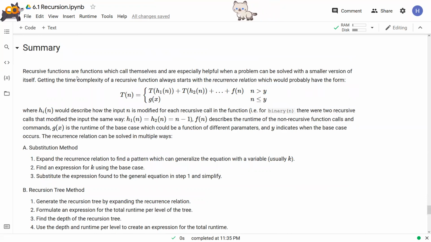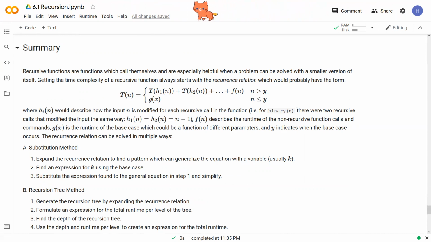So in general, yung pagkuha ng time complexity starts with our recurrence relation na generalize ko here. So yung T of n natin, meron tayong recursive call na meron tayong T of h1 of n, wherein yung h1 of n yung parang modifying function natin.